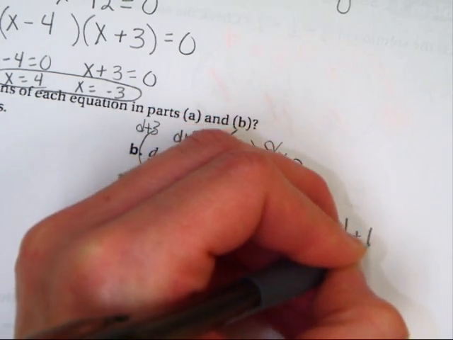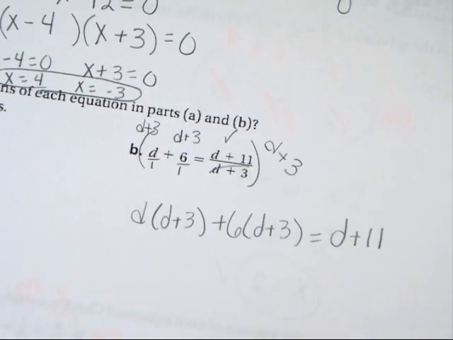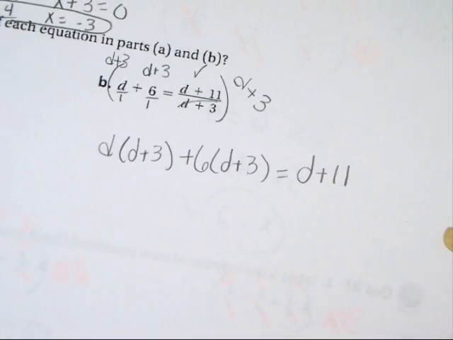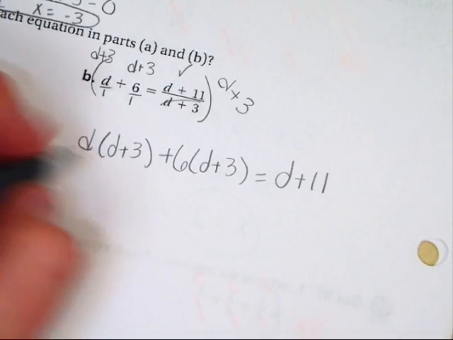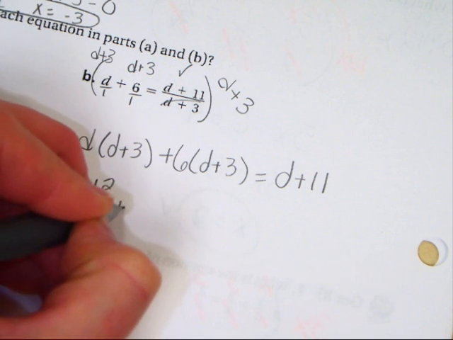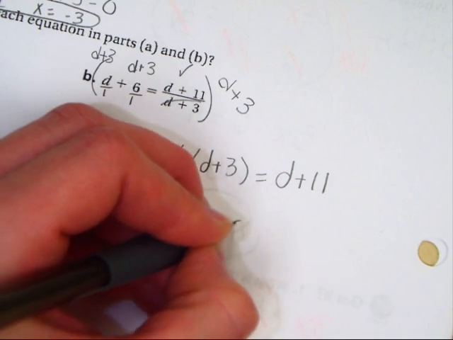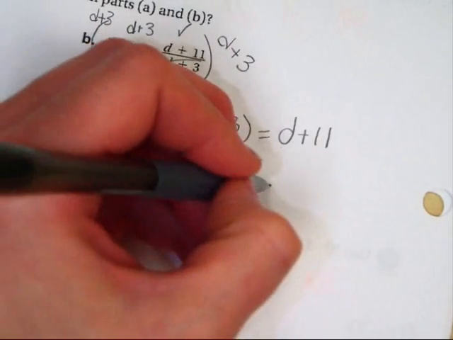equals d plus 11. I'm also hoping that you guys are noticing how helpful, as much of a pain as it was, 11-4 is to be able to understand 11-5. So we get d squared plus 3d plus 6d plus 18 equals d plus 11.